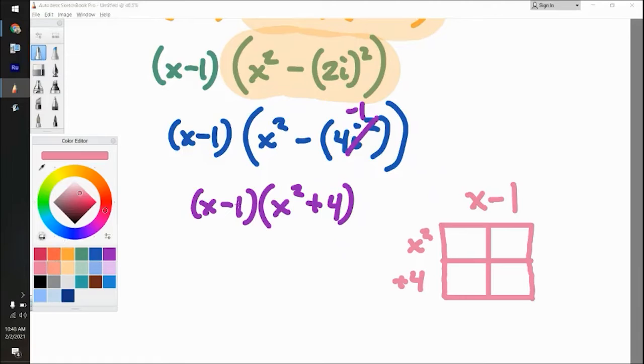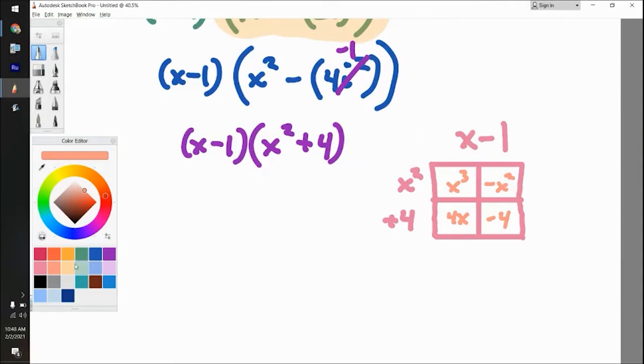and then we just grid it out here. So it's going to be x to the third minus x squared plus 4x minus 4. So your final answer, if you just add all those up, would be x to the third minus x squared plus 4x minus 4.